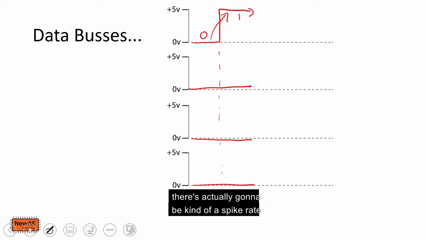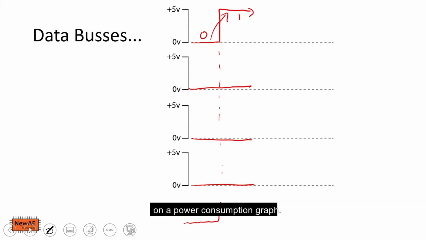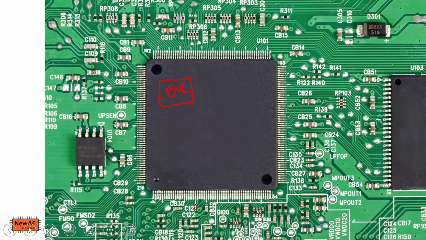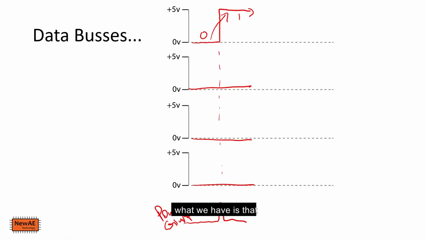At this point in time, there's going to be a spike on a power consumption graph. It actually takes a small amount of power to transition a single bit from 0 to 1.